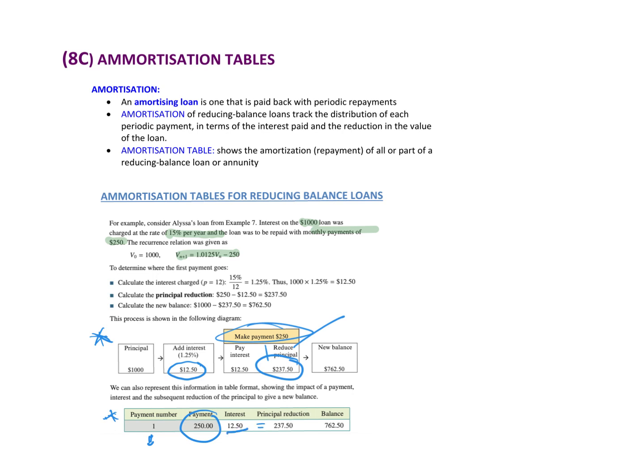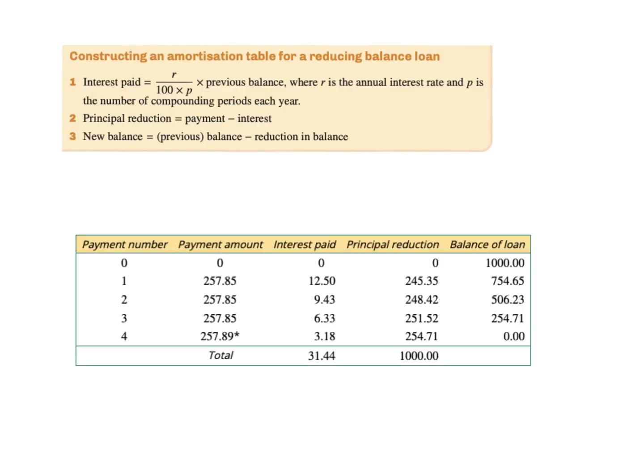What she's actually dropping her loan by is the payment minus the interest, and that's the reduction. Then you have your balance. The balance was the $1,000 minus that $237.50. Okay, that's how they got that. All right, so we're going to see it written in this table.